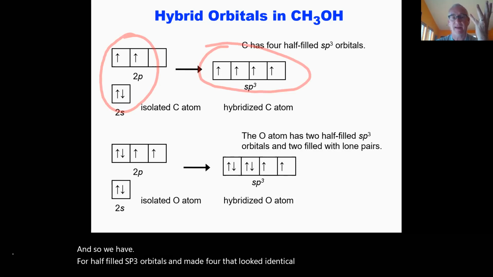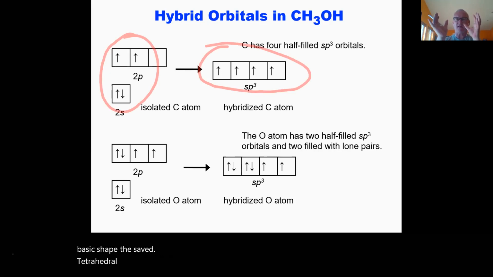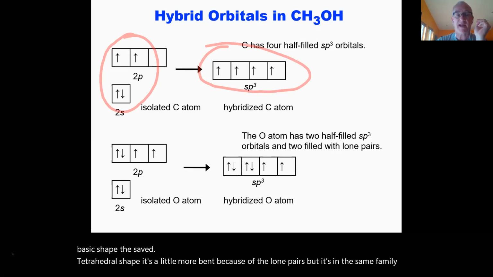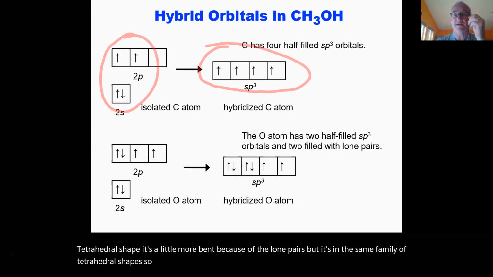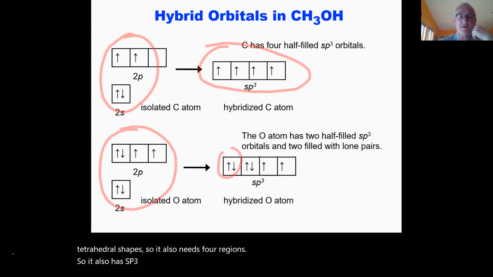And oxygen has the same basic tetrahedral shape. It's a little more bent because of the lone pairs, but it's in the same family of tetrahedral shapes. So it also needs 4 regions, so it also has sp3 hybridization. There's our 2 lone pairs, and there's the 2 bonding electrons there.